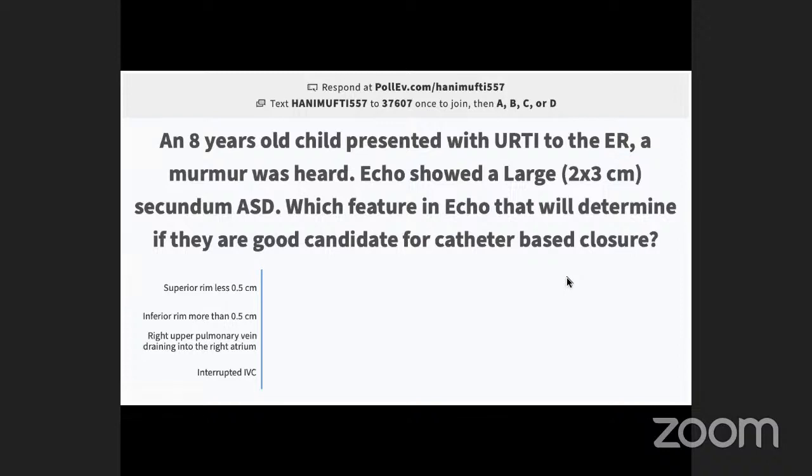Superior rim less than 0.5 centimeter, inferior rim more than 0.5 centimeter, right upper pulmonary vein draining into the right atrium, or interrupted IVC. Please start answering.